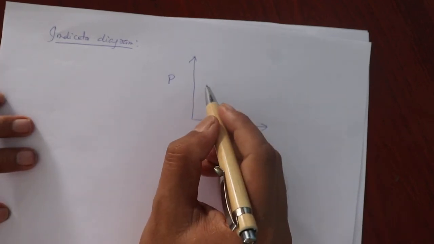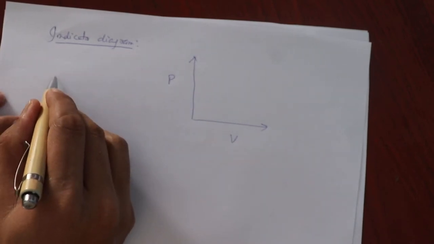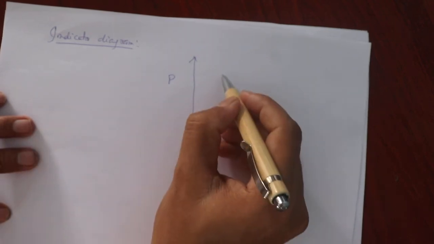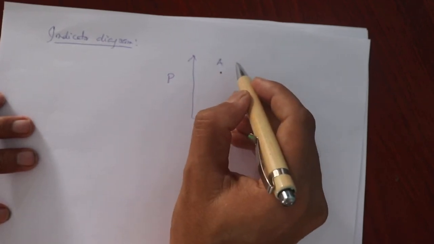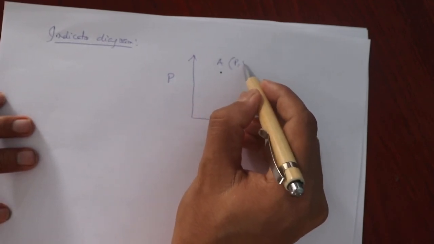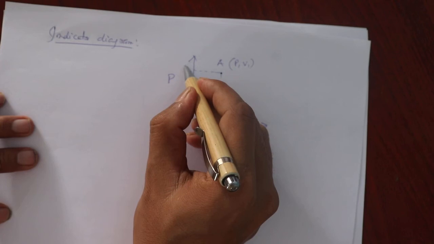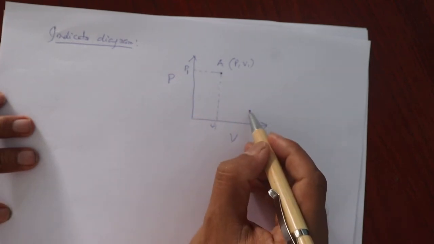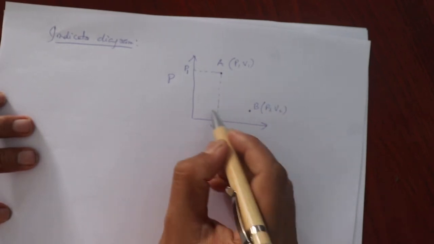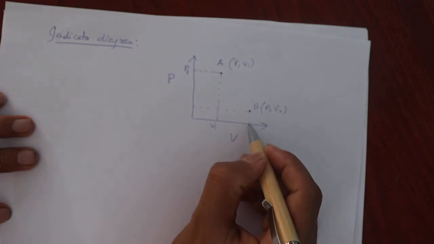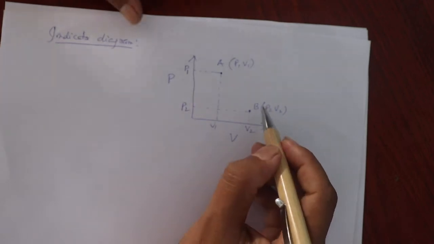Now suppose a gas is expanding right now. During expansion of a gas, volume is increasing. So I'll take 2 points, A and B. A has the values P1, V1, and another point B has the values P2, V2.